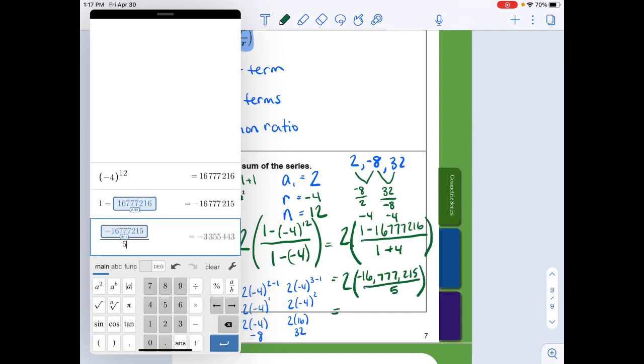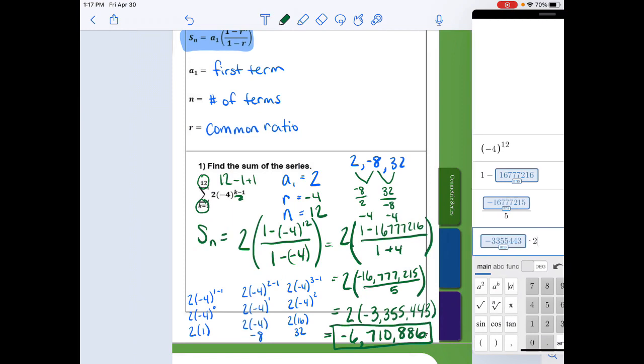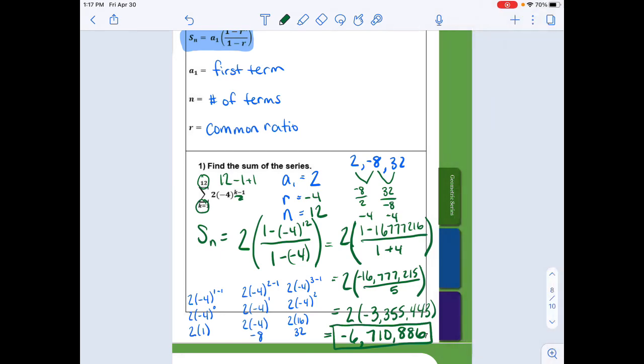Finish solving this. We get 2 times negative 3,355,443. And so our final answer is equal to negative 6,710,886. That is pretty big. So within 12 terms, our sum of these is a very large number. Pretty crazy.